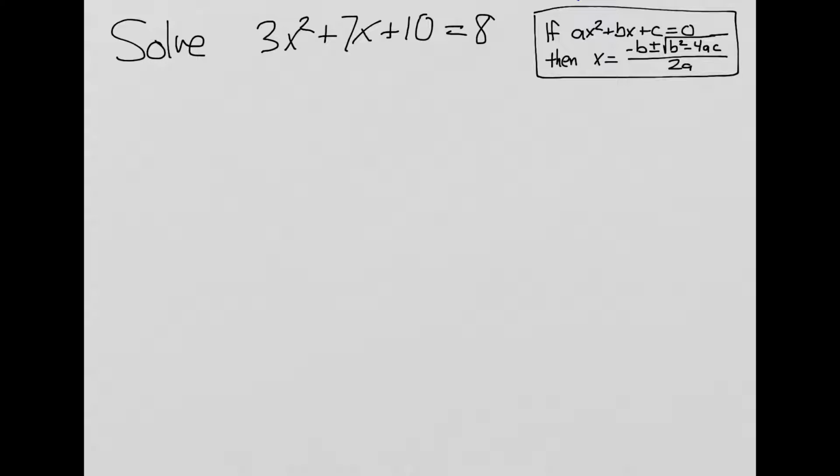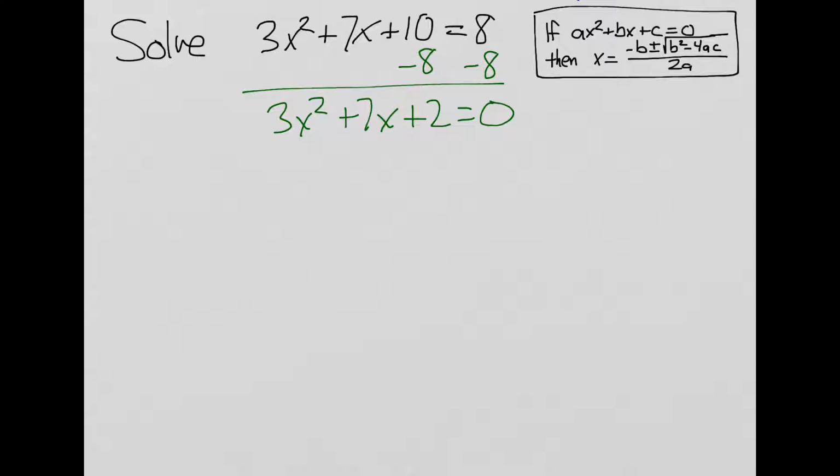First example, we're just going to solve this equation: 3x squared plus 7x plus 10 equals 0. We are in general form, but we don't equal 0, so our first step is to fix that. So we'll subtract 8 from both sides. We get 3x squared plus 7x plus 2 equals 0.